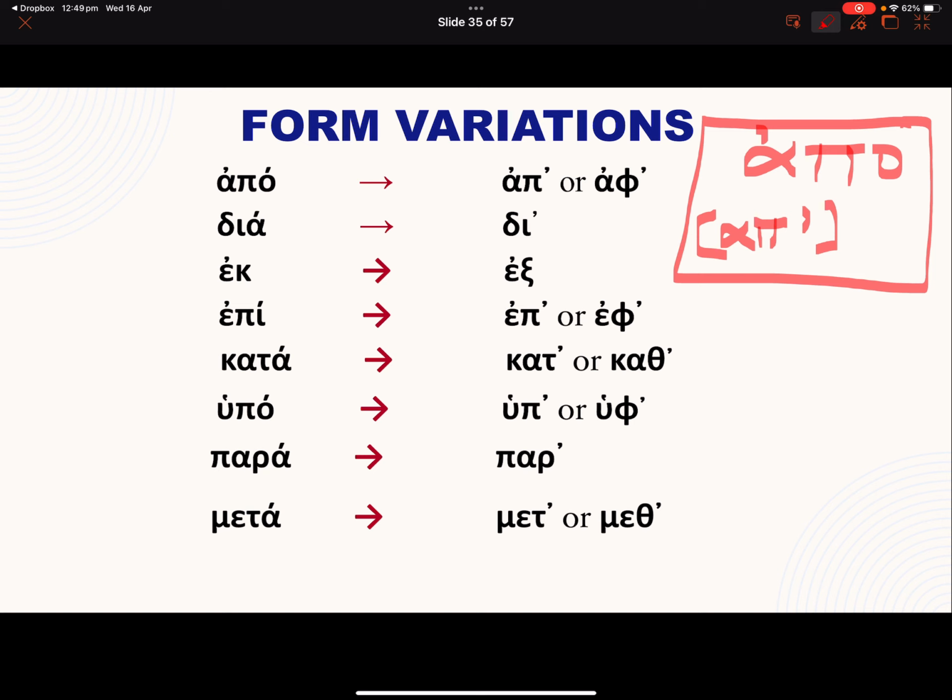So when you see something like meth', you don't think that's a brand new word. You remember that meta can sometimes transform into this slightly different word.